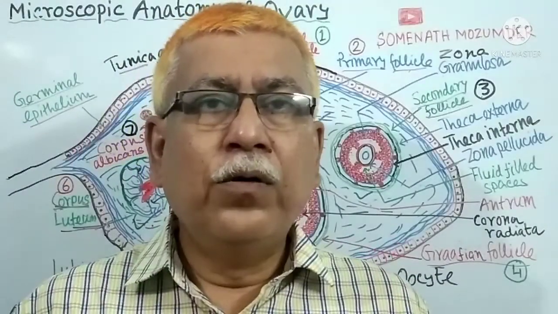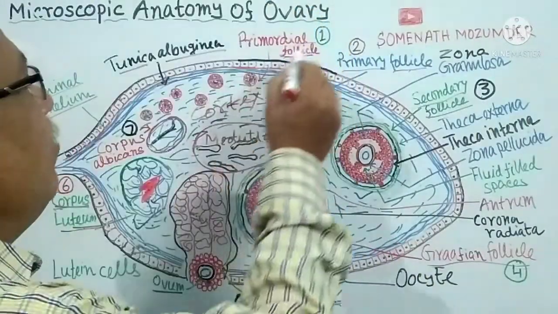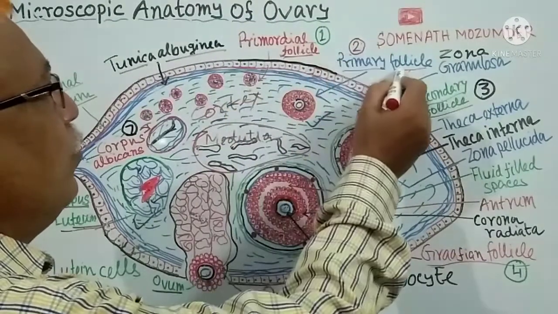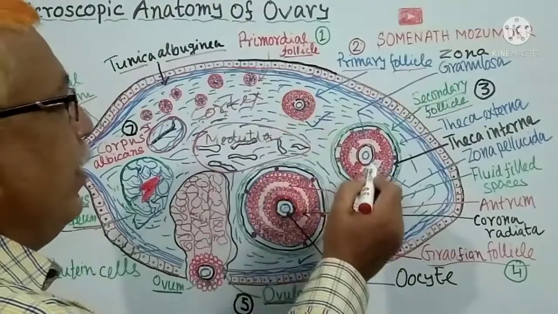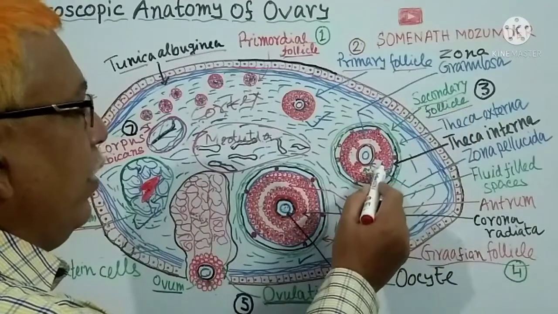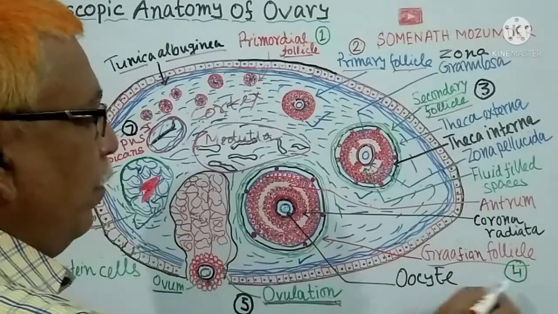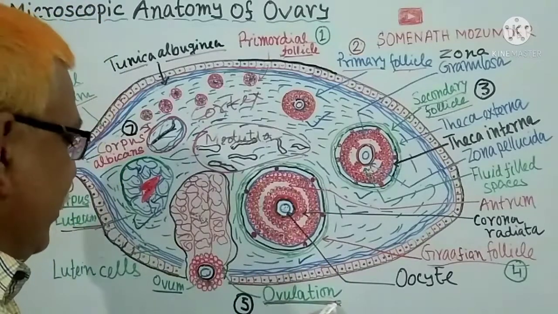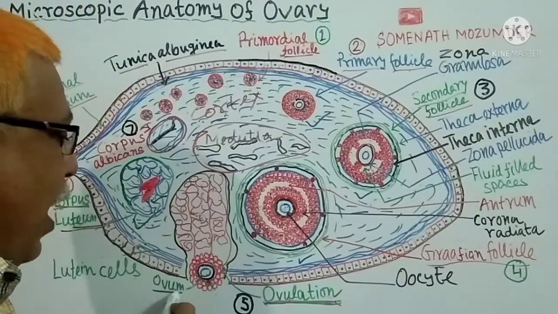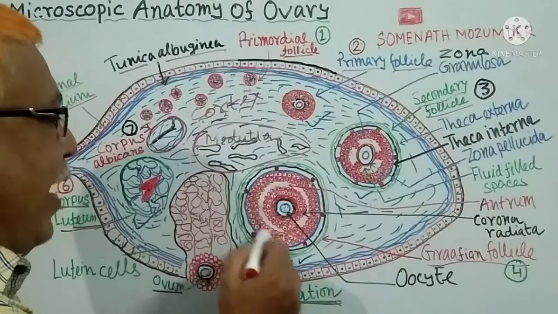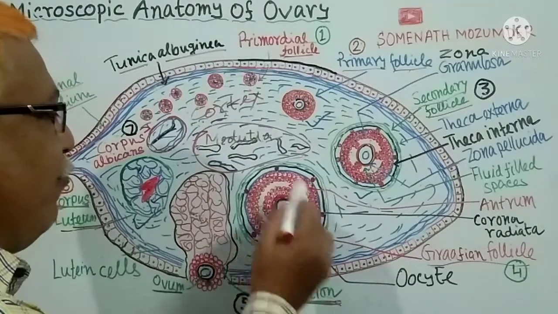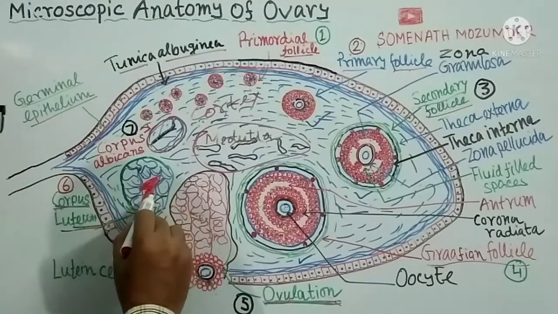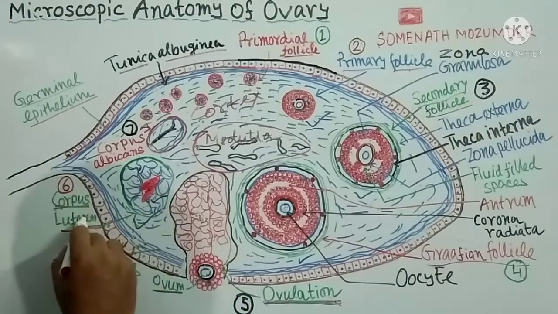Summary of ovarian follicle. Number 1 primordial follicle, number 2 primary follicle, number 3 secondary follicle, number 4 Graafian follicle. Here ovulation takes place, ovum released. After ovulation, granulosa cells of Graafian follicle transformed into corpus luteum, number 6 corpus luteum.